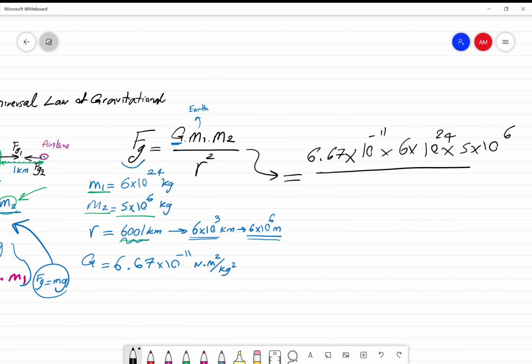They're all in kilograms. Divided by the radius to the power of 2. Radius was 6 times 10 to the power of 6, and that is to the power of 2. Okay, any questions?